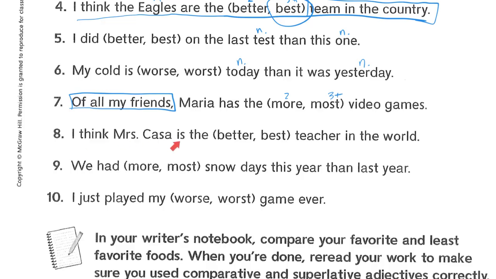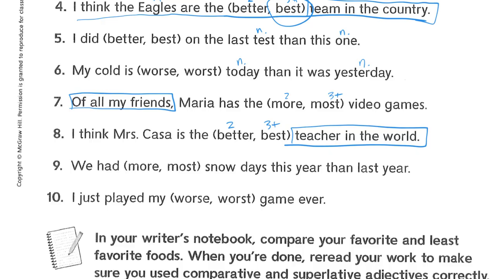I think Mrs. Casa is the blank teacher in the world. There are lots of teachers in the world. So that should help you decide whether it's better for two nouns or best for more than two nouns. We had blank snow days this year than last year.